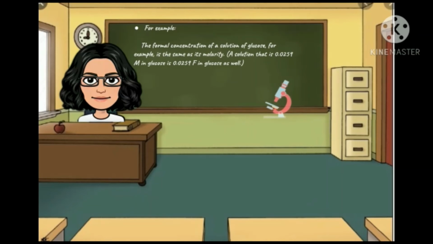It indicates moles of the original chemical formula in the solution without regard for the species that actually exist in the solution. For example, the formal concentration of a solution of glucose is the same as its molarity. A solution that is 0.0259 M in glucose is 0.0259 F in glucose as well. Over to you, Atharva.